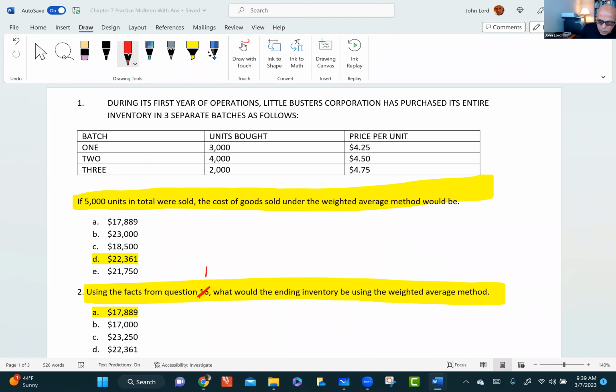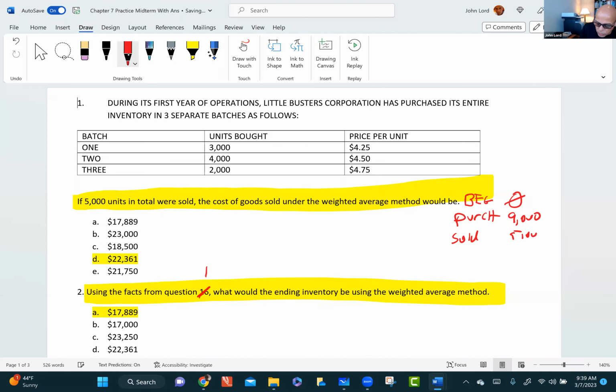But it's worthwhile to figure out what exactly happened here. So we have what they purchased. Their beginning inventory, since they just began operations, is 0. The purchase of the inventory is 9,000. They sold what? The question tells us 5,000.